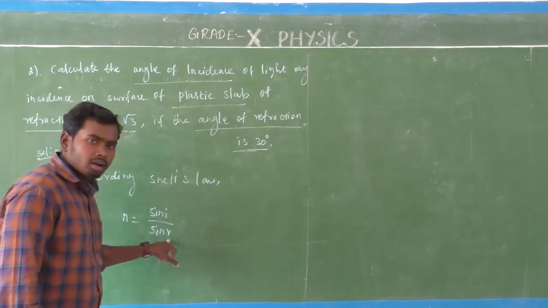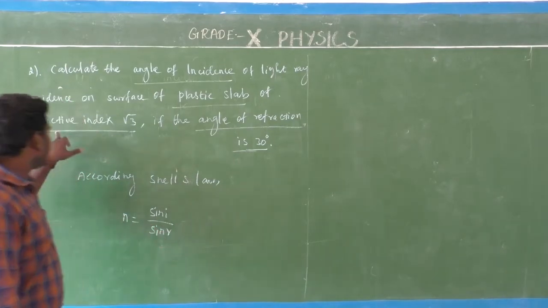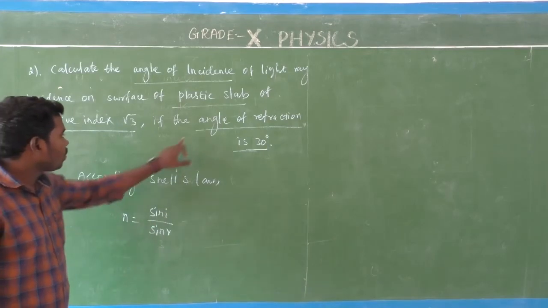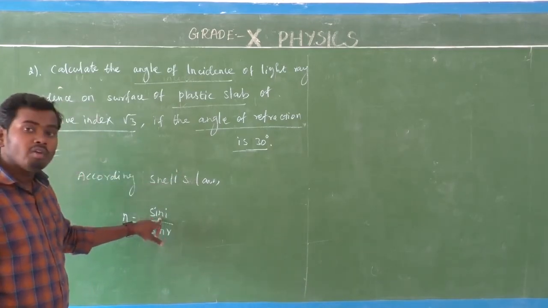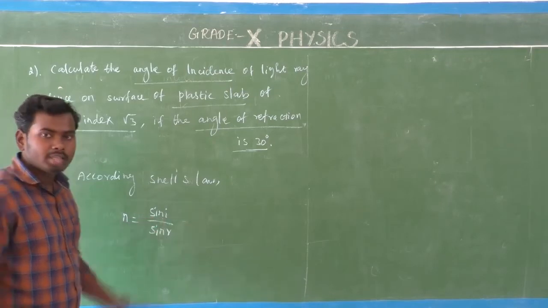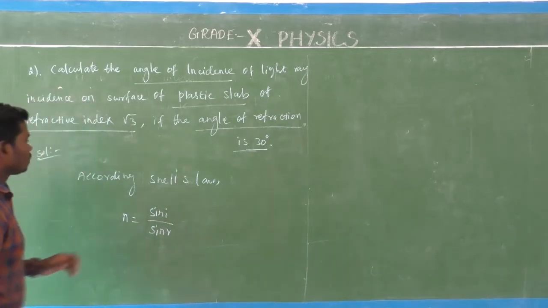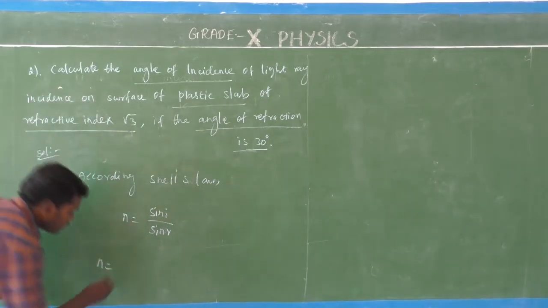Then r is the angle of refraction. We know the refractive index, so we know the n value. We know the angle of refraction, so we know the r value. Then what value do we have to calculate? The i value, which means the angle of incidence. So n value how much? n is equal to √3.